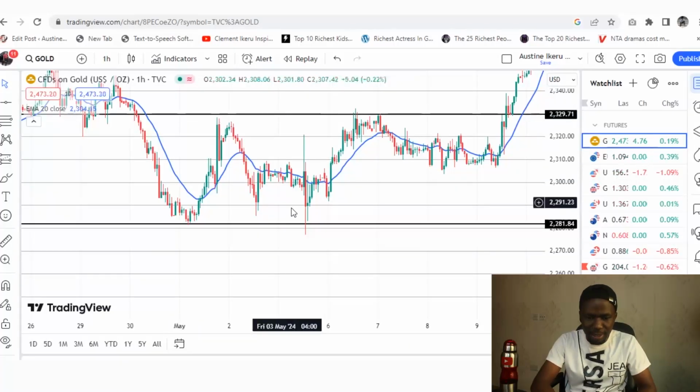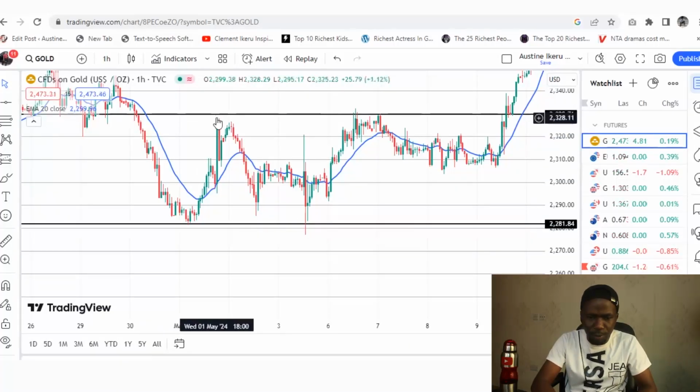Then when the market is consolidating, when you can clearly see the highs and the lows, you can now use the horizontal levels, right? In that scenario, the market has a point where it reverses, which is the swing point. If the market is ranging, it reverses from the swing high and then reverses again from the swing low. So here is the swing high, here is the swing low.